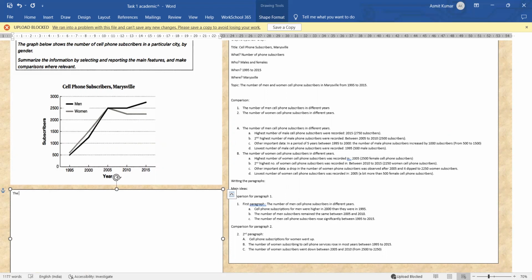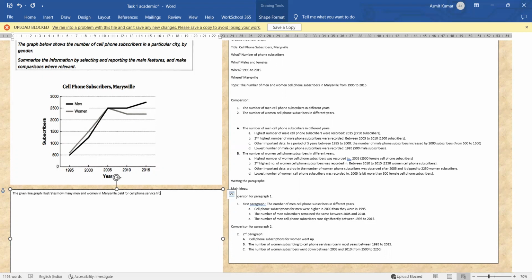So we can write the given line graph illustrates how many men and women in name of the place, village, paid for cell phone service between or from.